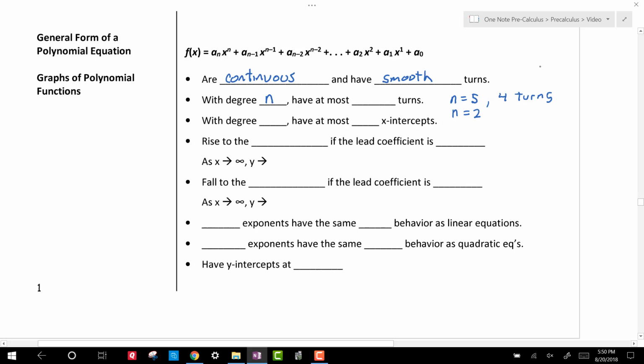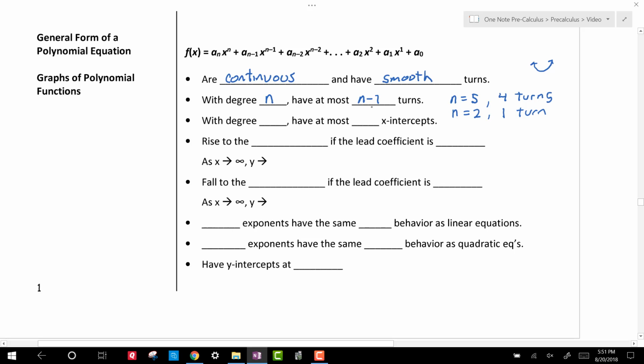A quadratic always has that 1 turn just like that. So if it was a degree 2, I would only see 1 turn. So with degree n, it can only have n minus 1 turns. It's always going to have 1 less turn. I shouldn't say always. It can have at most 1 less turn than the degree.